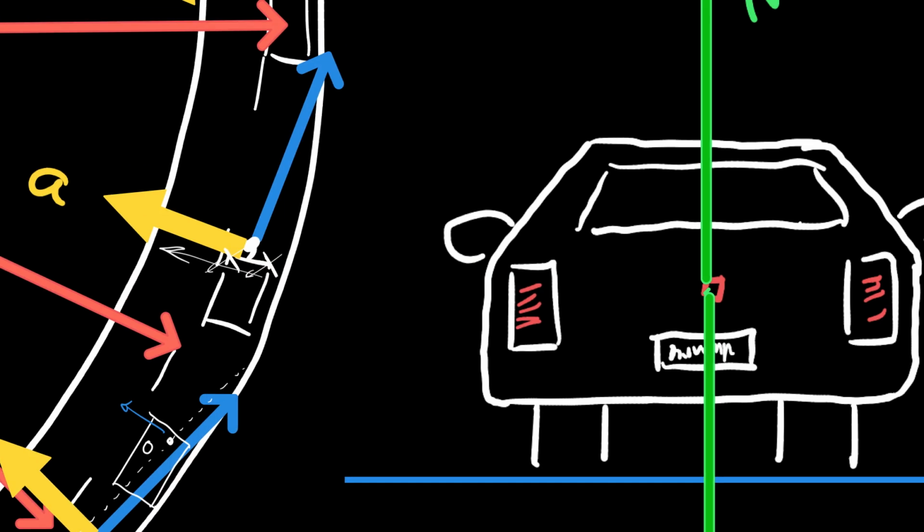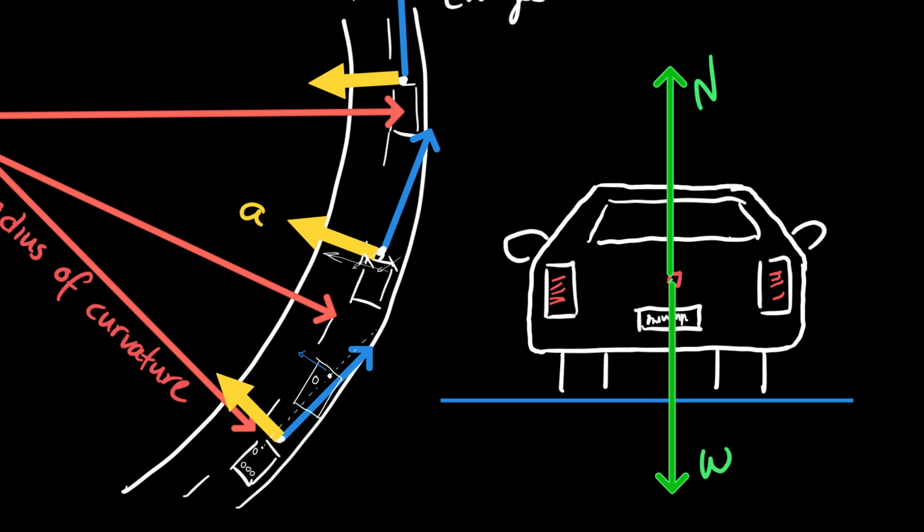Part of that force is trying to slow the car down, which is why you have to increase the engine to maintain your speed. But the other part of that's causing the car to go this way. It's friction. In fact, it's not just any friction. It's got to be static friction that is causing this, because you don't want the tires to be sliding with respect to the ground.